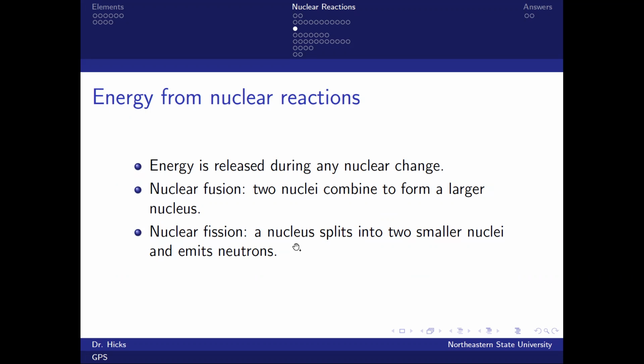And in nuclear fission, if I split a nucleus into two smaller nuclei, that also emits energy and emits neutrons. So both by putting nuclei together to make a big one or by splitting a big one into smaller ones, energy is emitted in both cases.